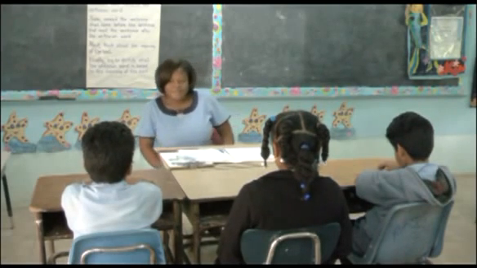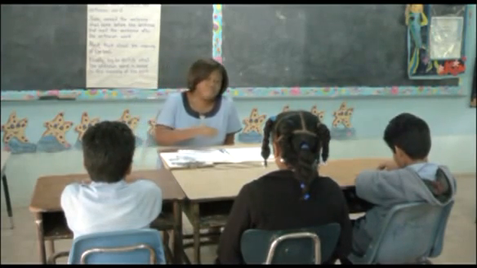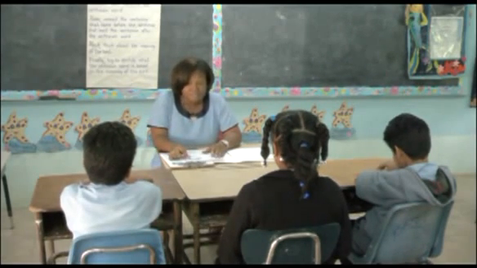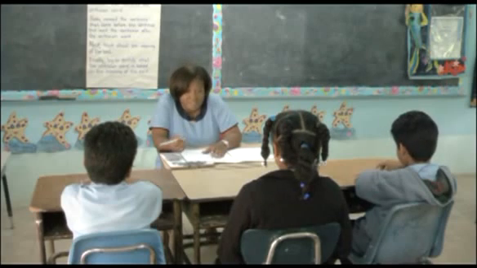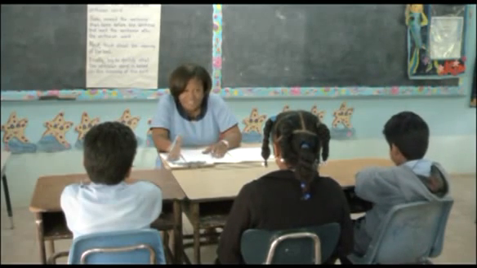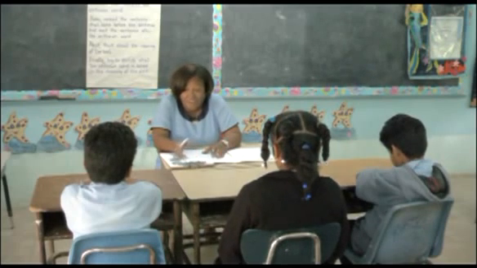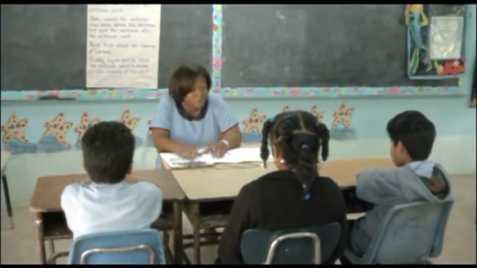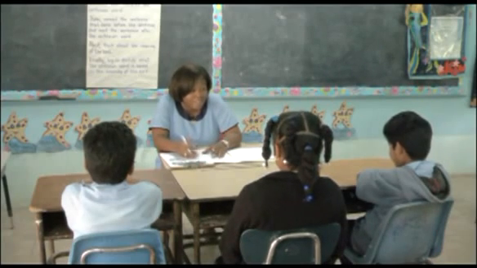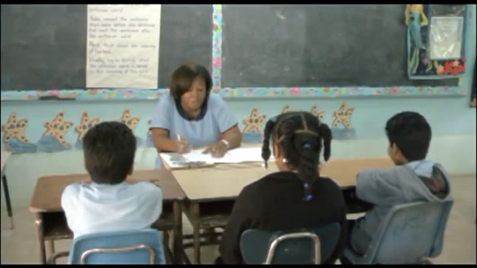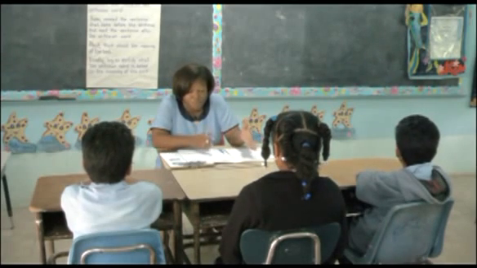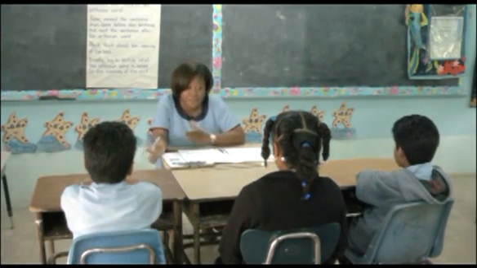Okay, sometimes when we read, we often come across words that maybe we can pronounce, we can read it, but we don't understand what it means. Has that ever occurred to you? Yes. So, in order to find out what that word means, we can read the sentence before that unknown word, and read the sentence after it.